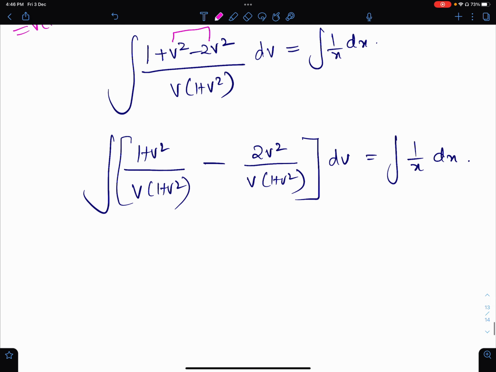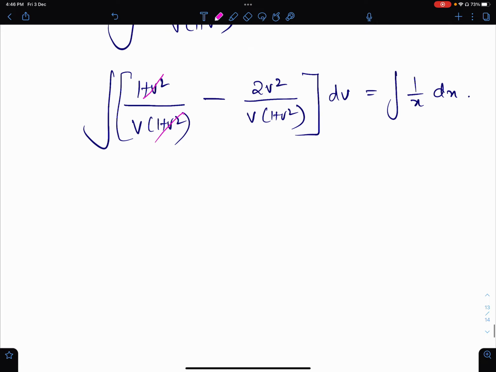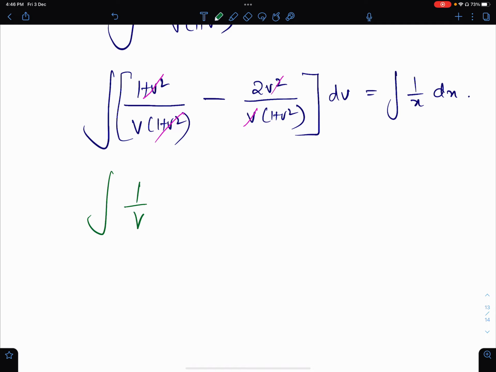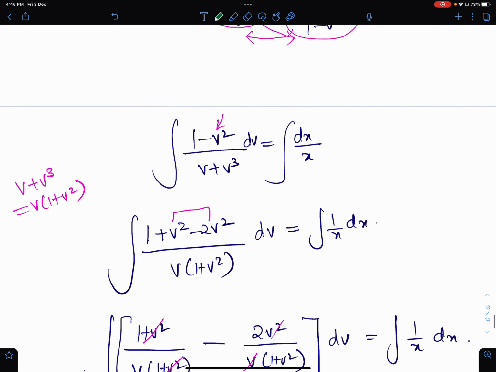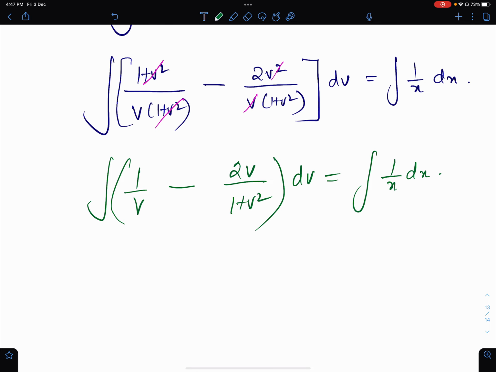Here you can cancel. I am just separating term by term. So here you can cancel this 1 plus v square. So what do you get? And here you can cancel only 1v. So what do you get now? Here it is 1 by v minus 2v by 1 plus v square, dv equal to the integral of 1 by x dx.